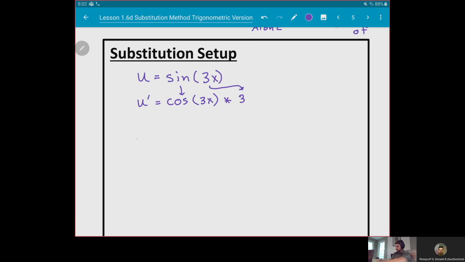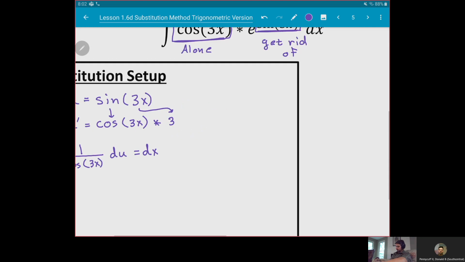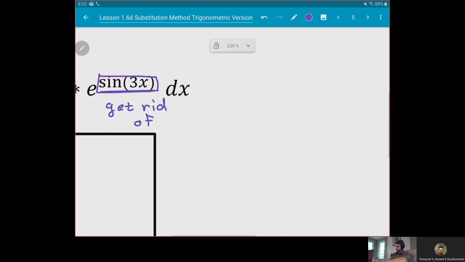And then move that on the bottom. 3 cosine 3x is what's on the bottom. That is under the 1. Du equals dx. And so now I can come up here and plug everything in.